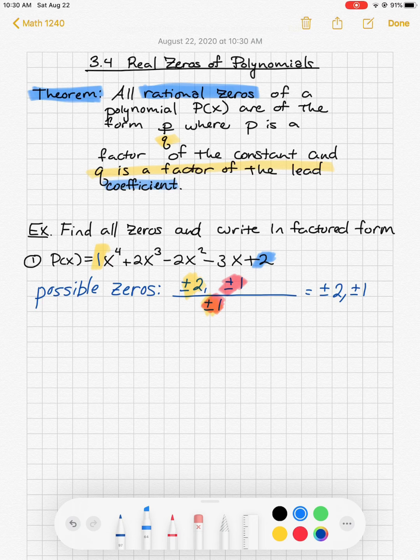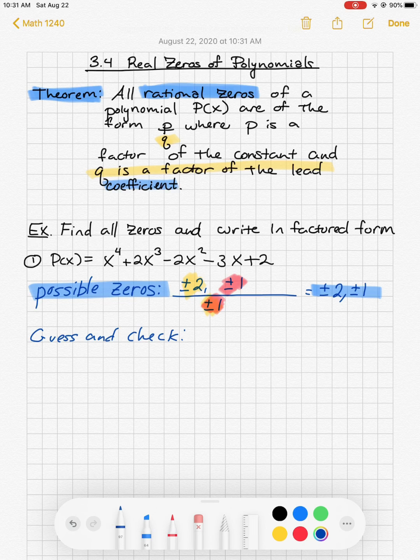So in this case, my possible zeros are just 2s or 1s, positives or negatives. Now I have to guess and check to at least get one zero that works. I have to take those possibilities and plug them into the function.